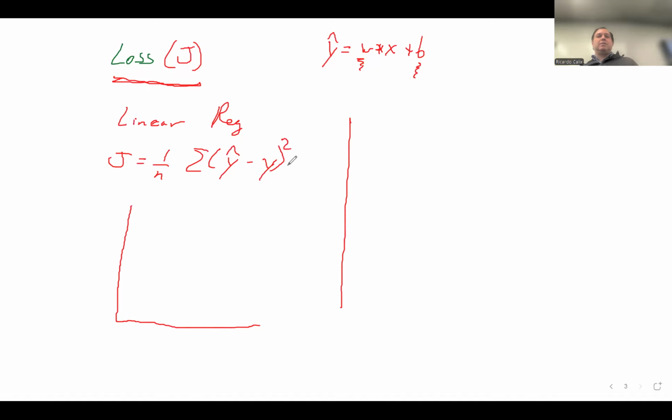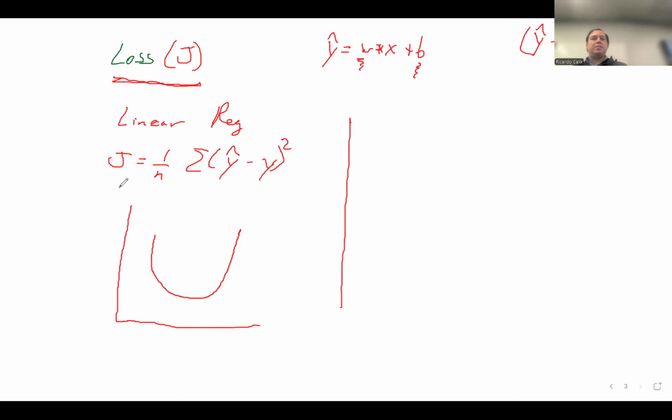Well, if we look at it, y hat minus y squared, once we take that difference, which is called the error, becomes e squared. If I just make it more familiar to you guys, x squared. What is x squared? It's got a bowl shape, right? So for instance, it's going to look like that, essentially.